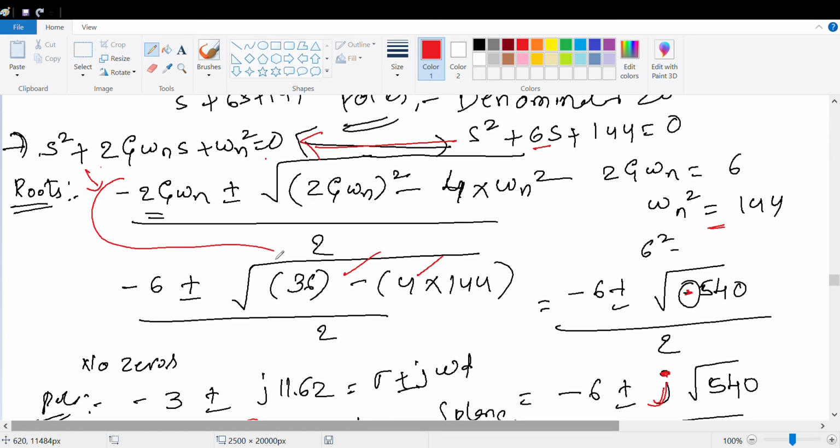Here is the same formula, but written in a different form, because if you take these two and these two cancel, minus zeta omega n plus or minus, and there is a 2, there is a 4, if it comes out it would be 2, so the 2s cancel, and we are left with zeta square omega square minus 4 omega square, the 4 cancels, so j into omega n square root of 1 minus zeta square.